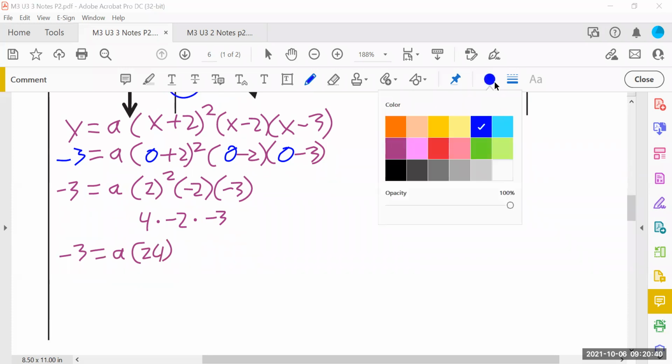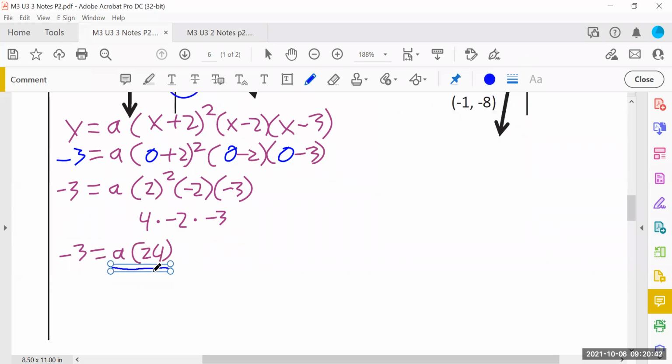Divide both sides by that 24. Now, before you grab those calculators, I do not want a decimal on this one, okay? I want a fraction. So does 3 go into 24? Now is when you could use the calculator. You could simplify that 24 divided by 3. Just don't give me -3 divided by 24. 24 divided by 3 is going to get you 8, right?